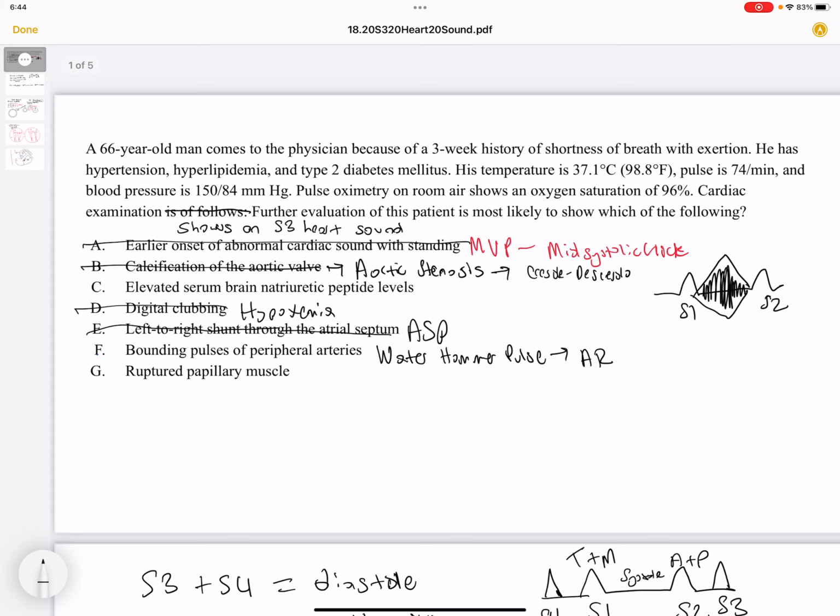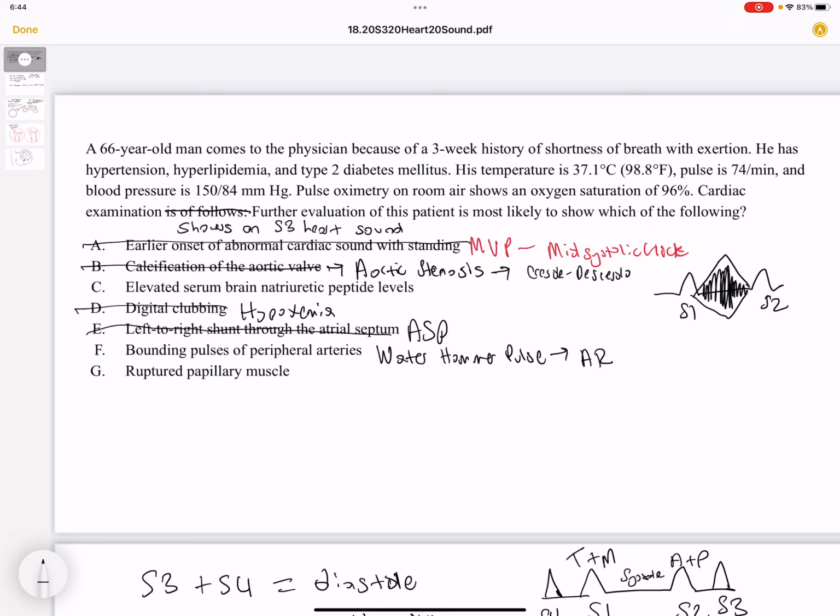And the water hammer pulse occurs due to more blood found within the left ventricle during systole. There is going to be a rapid upstroke followed by a prompt collapse of the vessel.